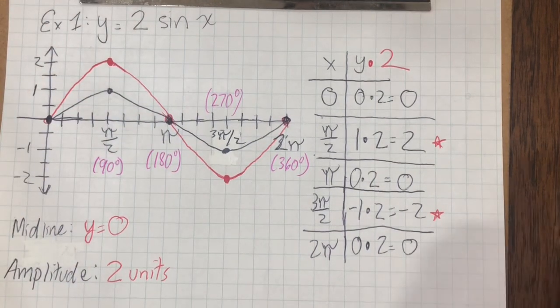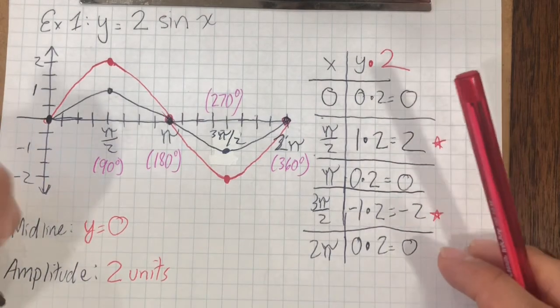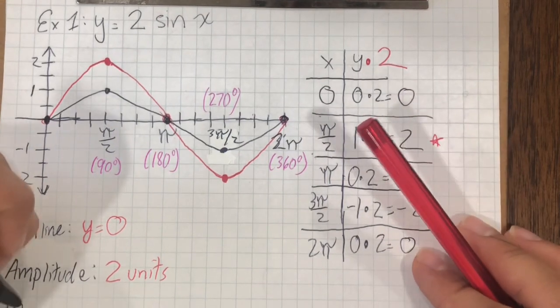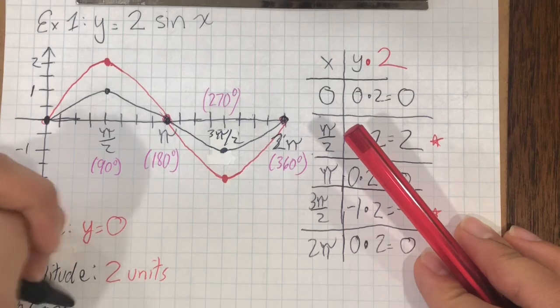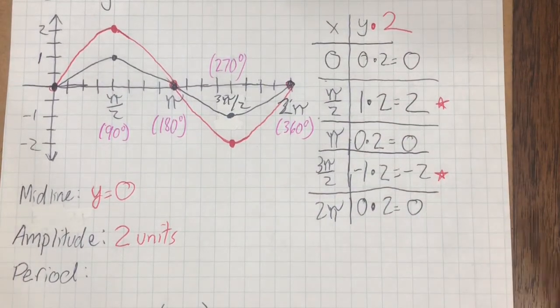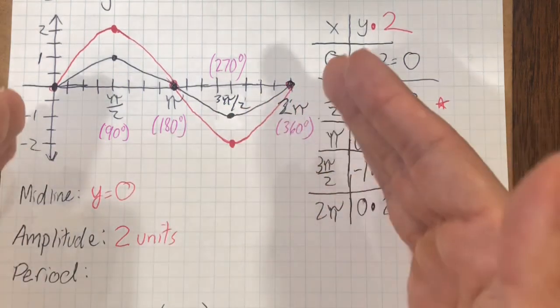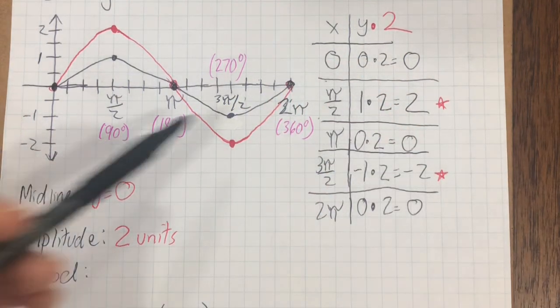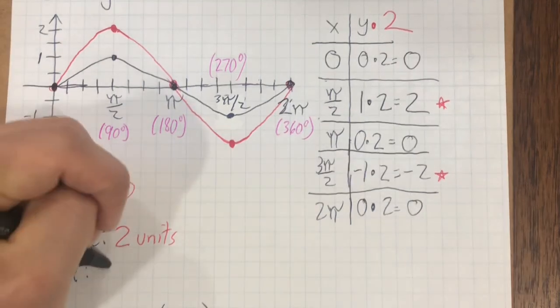And then we have the period. So for the period, remember the period represents the horizontal length of one complete cycle, and we didn't really see a change in the horizontal length. We see that it is still 2 pi.